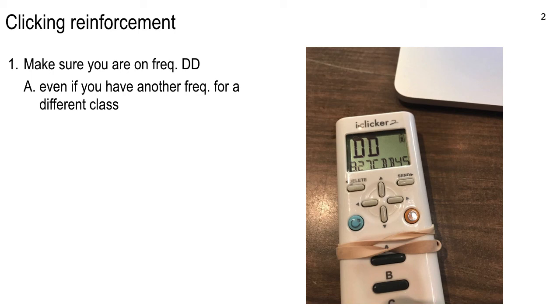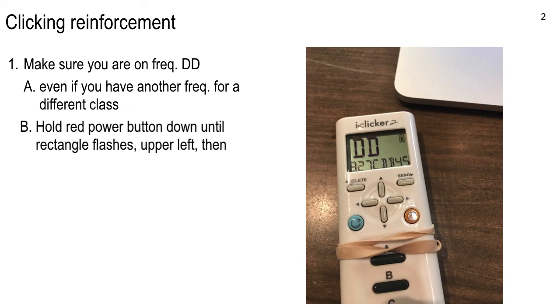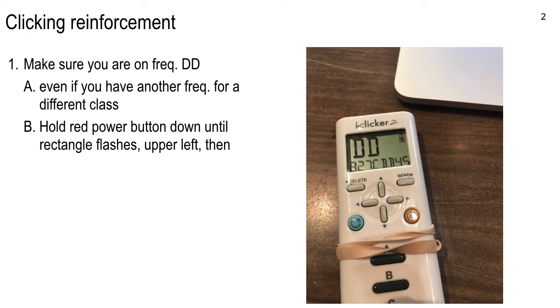One of them is they're not on the right frequency. If you have another class with another frequency, they may be using AC or BD or some other frequency. If that's the case, you're going to have to change frequencies each time you come into this class, and then each time you go back to that other class. The way you do that is you hold down the red power button until it flashes in the upper left where you see DD there.